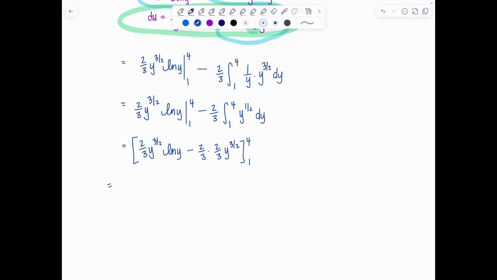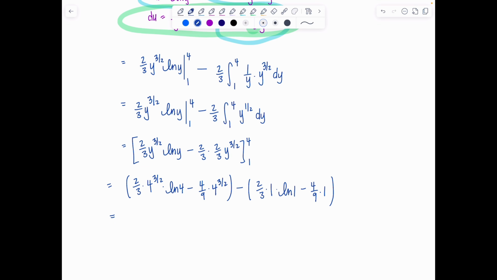Now, let's plug in our upper and lower limit. So we've got 2/3 times 4 to the 3/2 times ln of 4 minus 4 over 9 times 4 to the 3/2, minus, and then this is going to be 2/3 times 1 to the 3/2 times ln of 1. Ooh, that's going to be good. Minus 4/9 times 1 to the 3/2.